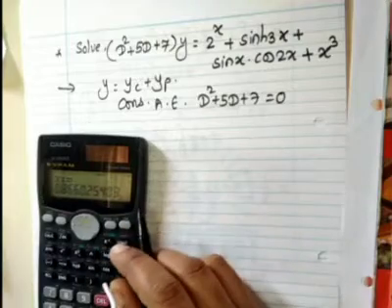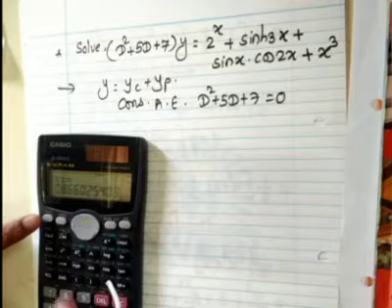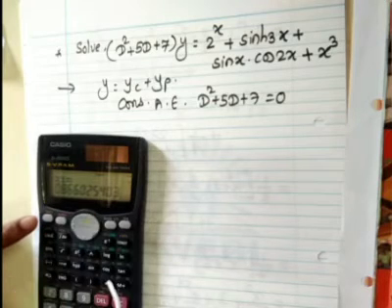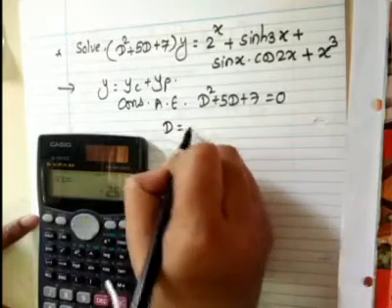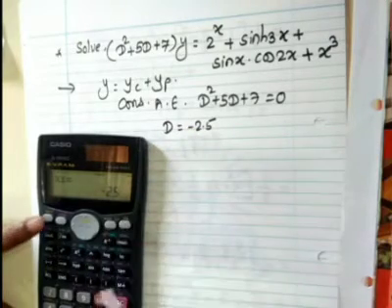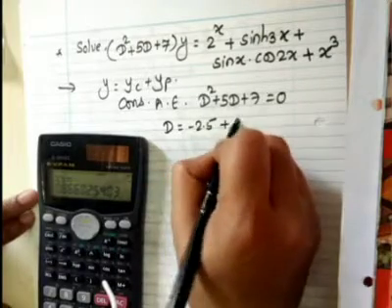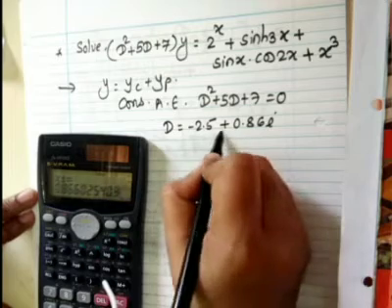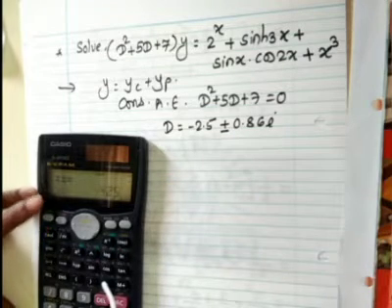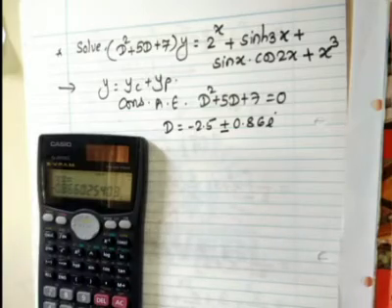So we get minus 2.5 plus or minus 0.86i. The first root, that is D, is minus 2.5 plus 0.86i, the imaginary part. The second will obviously be minus, so minus 2.5 minus 0.86i.